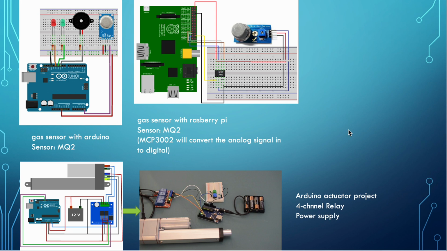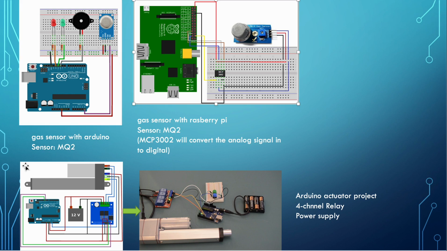Before ending this lecture, I would like to show you, now that we have embedded systems, Raspberry Pi and Arduino, the schematics of the connection of the same sensor to the two different embedded systems.